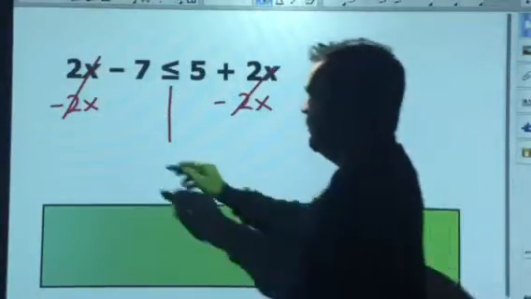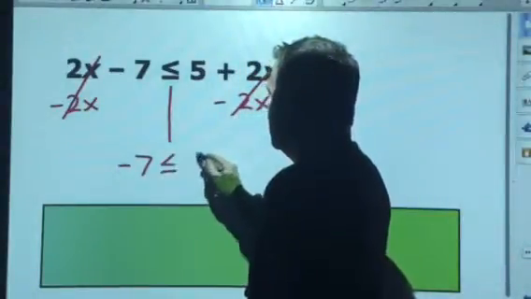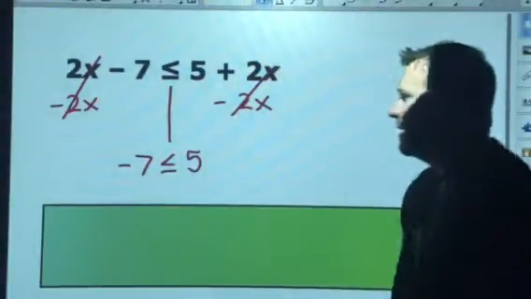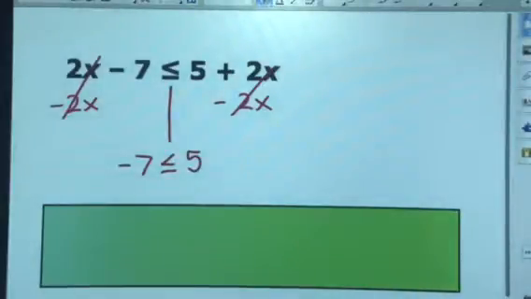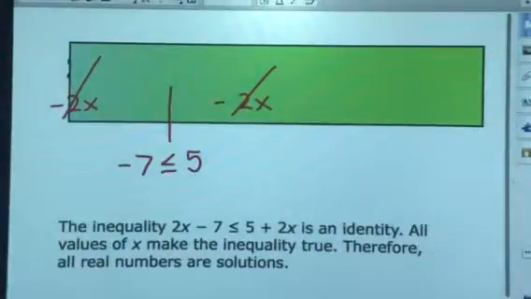So the only thing I'm left with is -7 is less than or equal to 5. Okay, is that a true statement? If it is true, then we say it is an identity. If it's false, then we say it is a contradiction. Okay, and in this case, this is an identity.